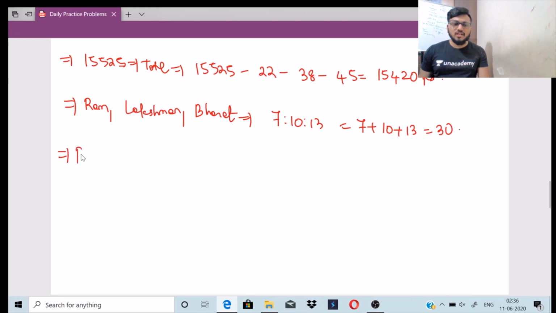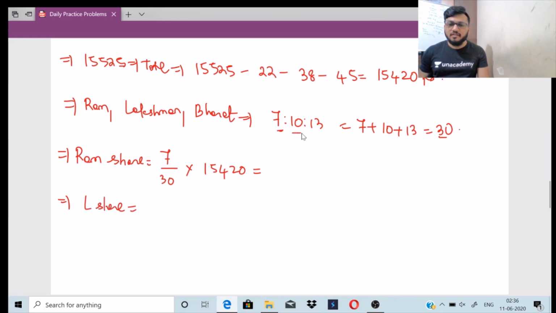So the share of Ram will be 7 divided by 30, the total, into 15,420. Similarly, the share of Lakshman will be 10 divided by 30 into 15,420.